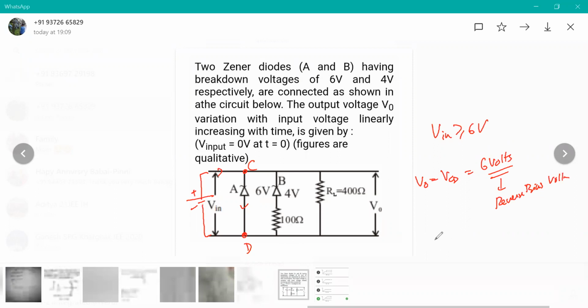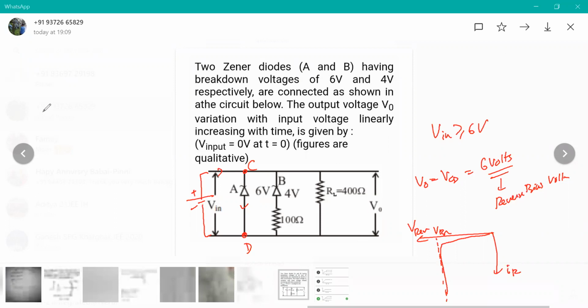Remember, in reverse bias, for the reverse voltage versus the reverse current, the moment you cross this, the voltage becomes constant, independent of current at the breakdown voltage. So it should become fixed at 6 volts.